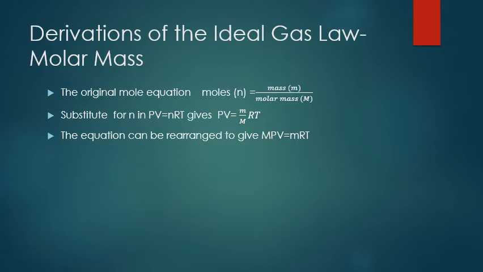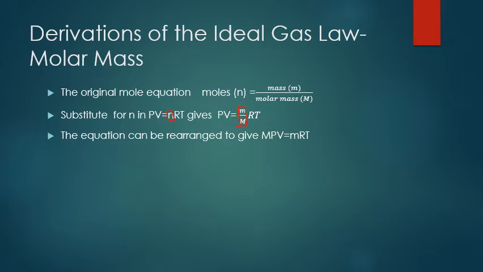We're symbolizing the n as your number of moles, the mass as little m, and the molar mass as just a capital M. So when we substitute this into our equation PV equals nRT, I'm going to replace n with the little m over capital M times RT.